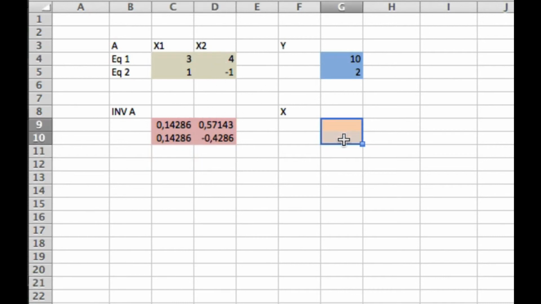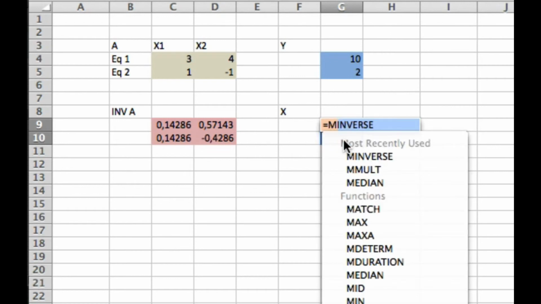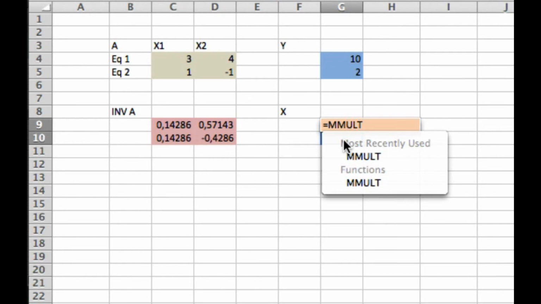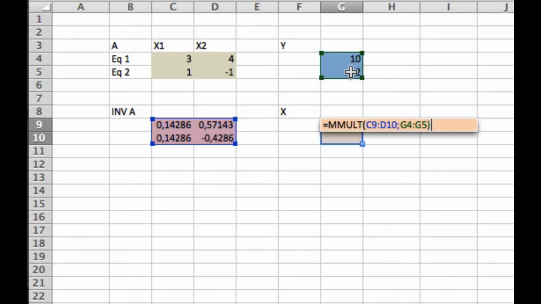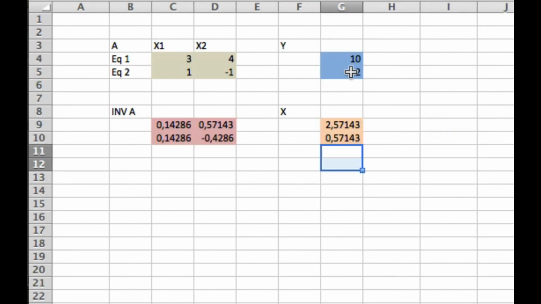Then we want the results right here, and that equals MMULT. That means matrix multiplication. We need 2 arguments. First the inverse, and then the right-hand side, y. We close, and we hit Command Enter, and we get the solution.